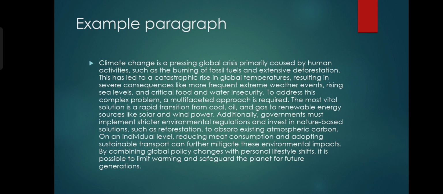Additionally, the government must implement stricter environmental regulations and invest in nature-based solutions such as reforestation to absorb existing atmospheric carbon. On an individual level, reducing meat consumption and adopting sustainable transport can further mitigate this environmental impact.